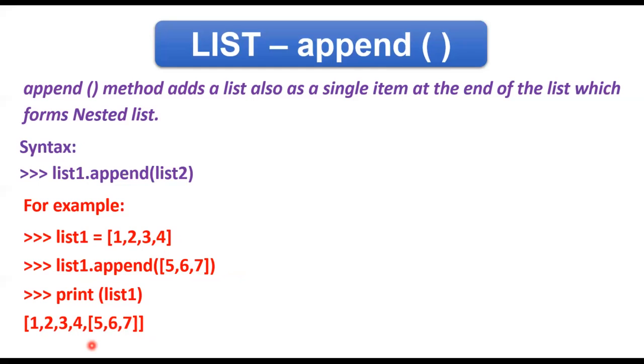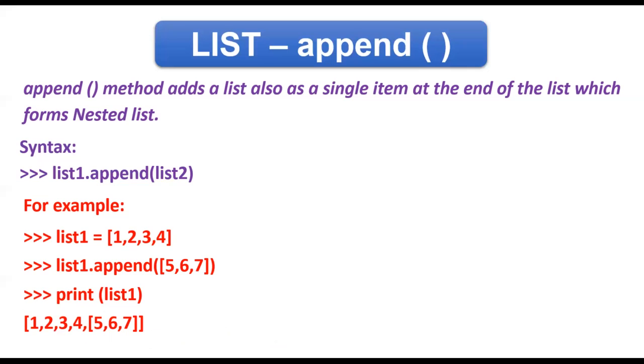That means if I check the index positions of my list elements, 0, 1, 2, 3 and 4, the other list is added at the 4th location. So my complete list of 3 elements is counted as an element inside my first list. So this is how we use the append function.